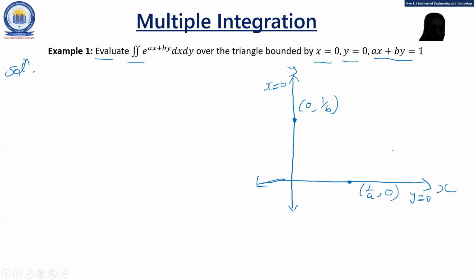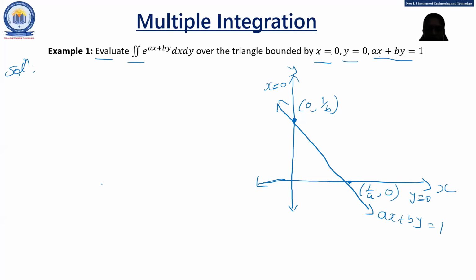So by taking x equal to 0 and y equal to 0, we have two different points, (0, 1/b) and (1/a, 0). Drawing this line, this line indicates ax plus by equal to 1. So any doubts, students, about this graph?